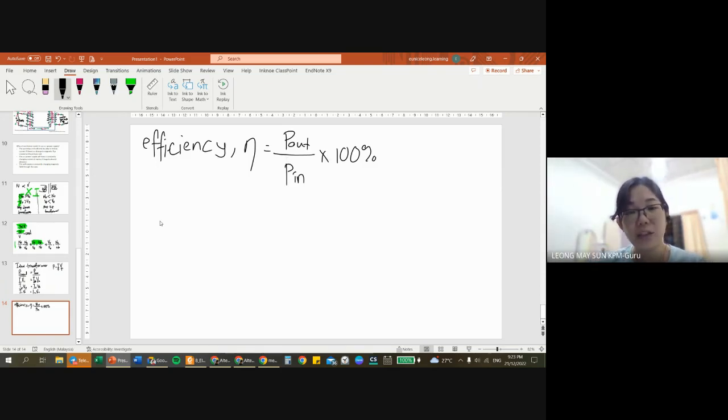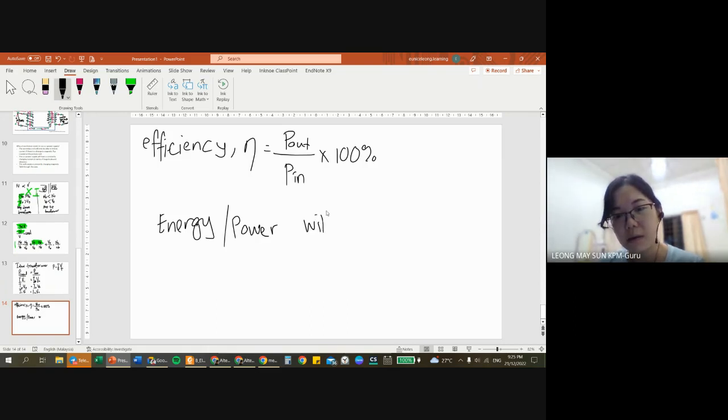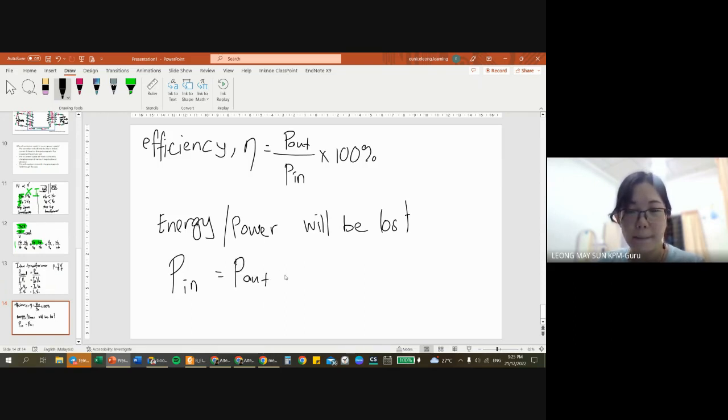So energy or power will be lost. So what does this mean? It means that the input power, for it to be 100%, is actually the output power plus the power that is being lost. So this is what causes it to be not efficient.